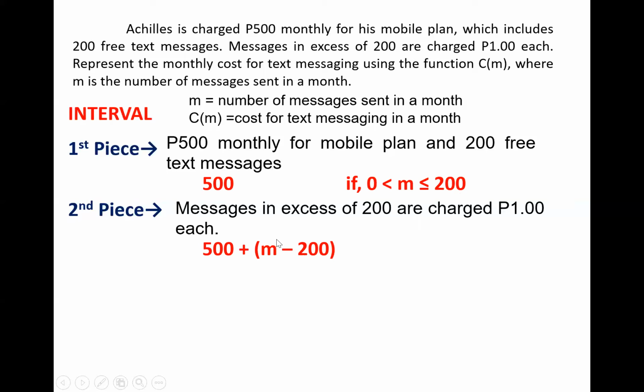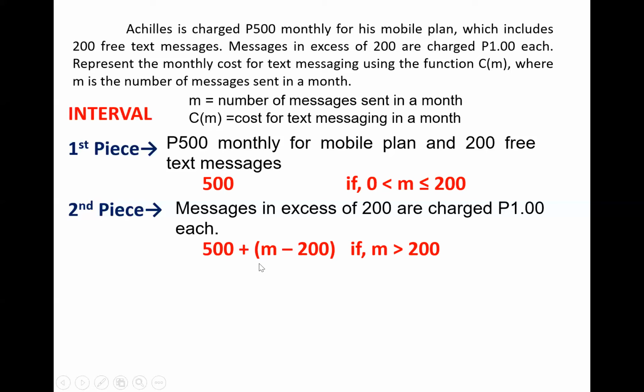Yung excess messages na yon, mag-charge ng 1 peso at i-add mo sa monthly amount na naka-charge sa'yo para sa mobile plan mo. So, the interval is actually M greater than 200.